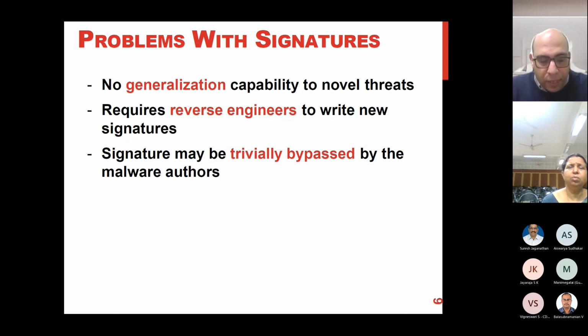One of the biggest problems is that this requires reverse engineering to write new signatures. And these signatures can be bypassed by malware authors with a minor variation in the malware, so they can avoid being detected by the antivirus. So the problem is that they can't generalize any solution in that type of static analysis.